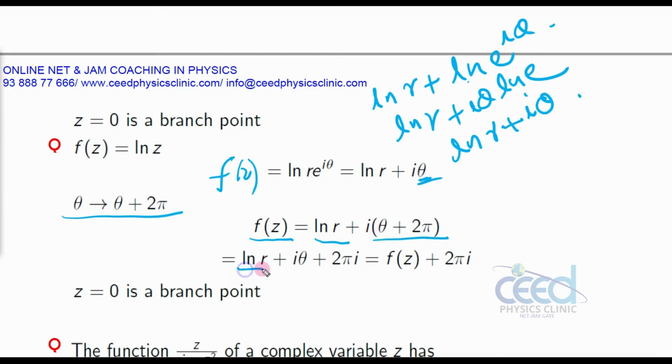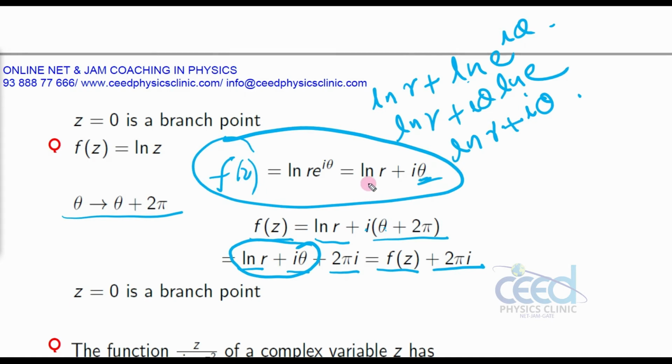So this is log r plus, I can multiply this into the bracket, that is i theta plus 2 pi i. Okay, so this I can write as f of z plus 2 pi i. That means this part I can give as f of z, because f of z is this log r plus i theta. So I am replacing this here.